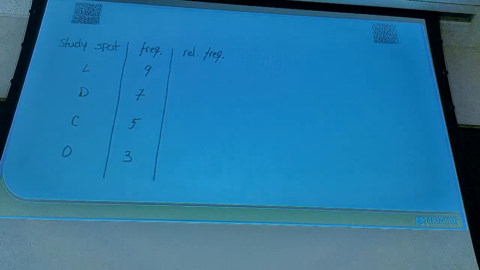Now for the relative frequency. Now I can do it. It's the frequency of that category divided by the total number of data points. Now, you generally will not write it as a fraction. I'm just writing it there to show you how I'm getting it. So I'm going to move that.